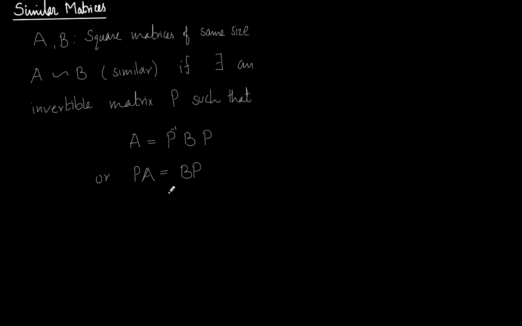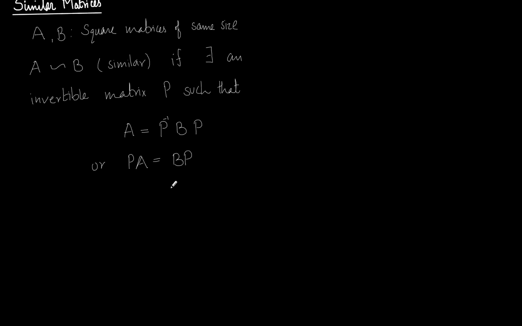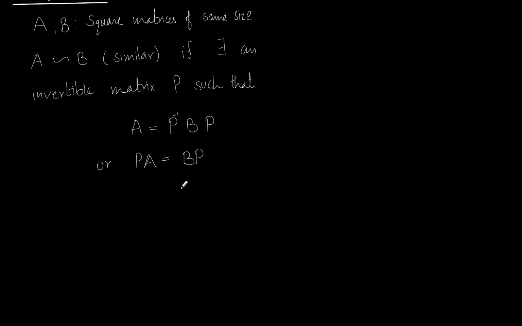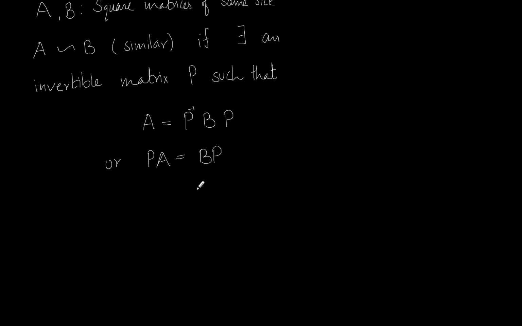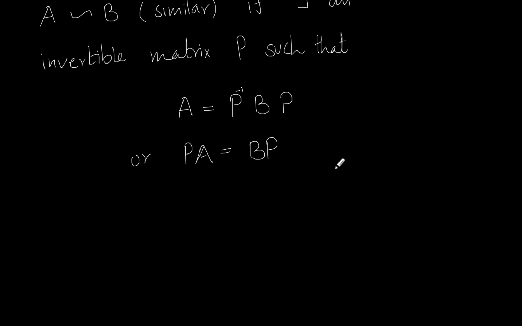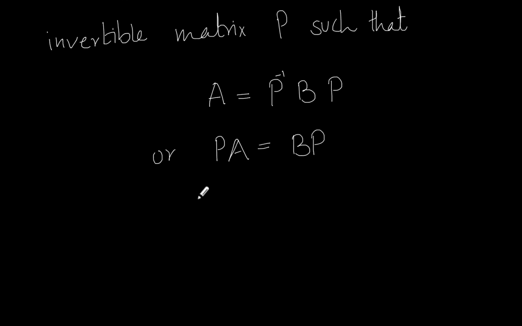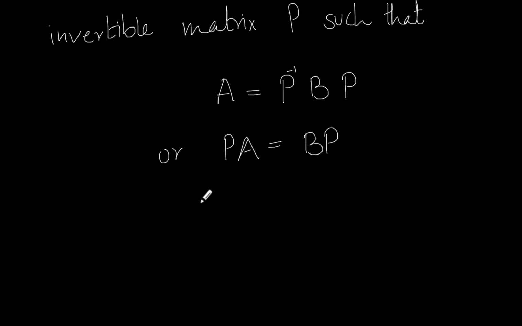So if any one condition is satisfied for an invertible matrix P, then these two matrices A and B are similar. Finding this matrix P is a crucial part of showing that two matrices are similar. If in the last equation we post multiply by P inverse, we get this equation.